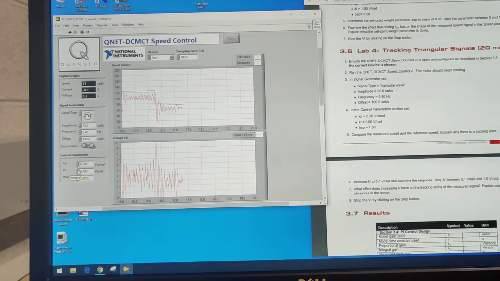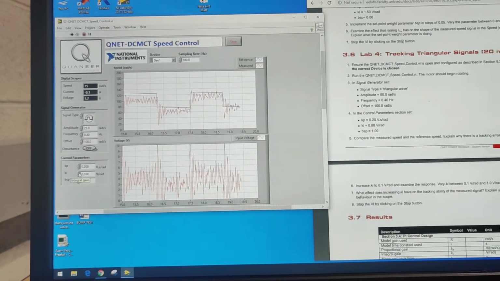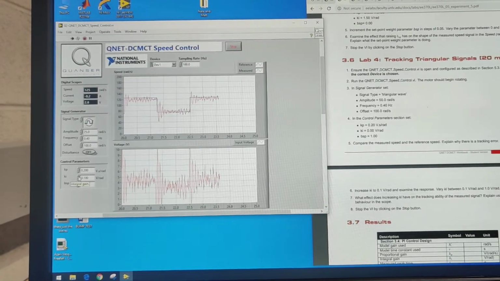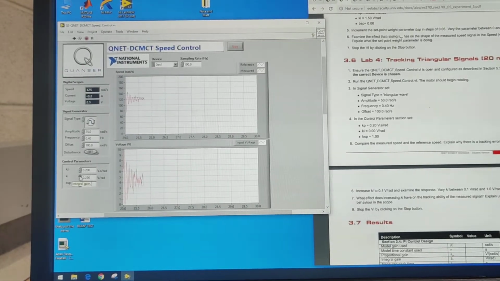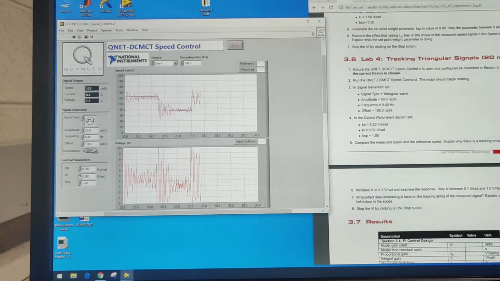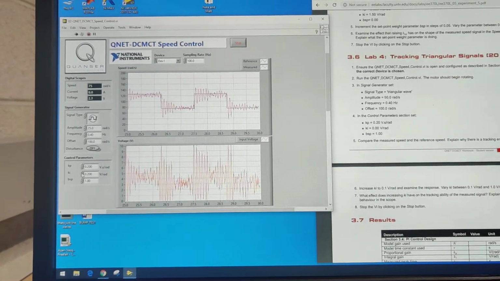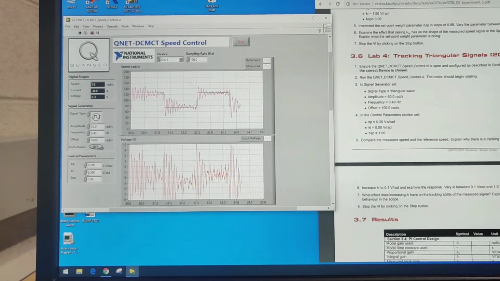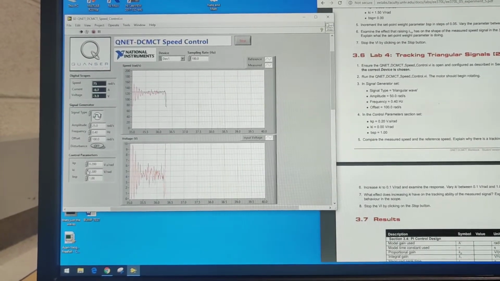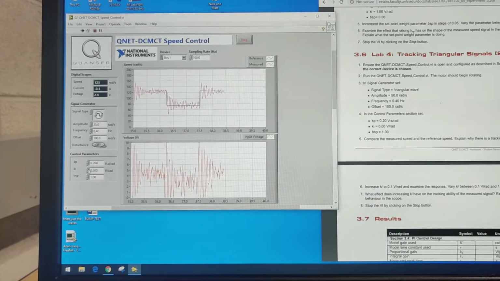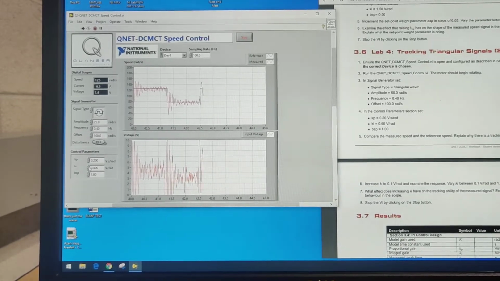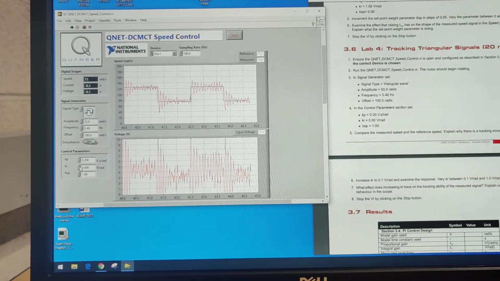So let me add a little bit. That's for one cycle. That's for the second one. Oops, too much. That's 0.4.